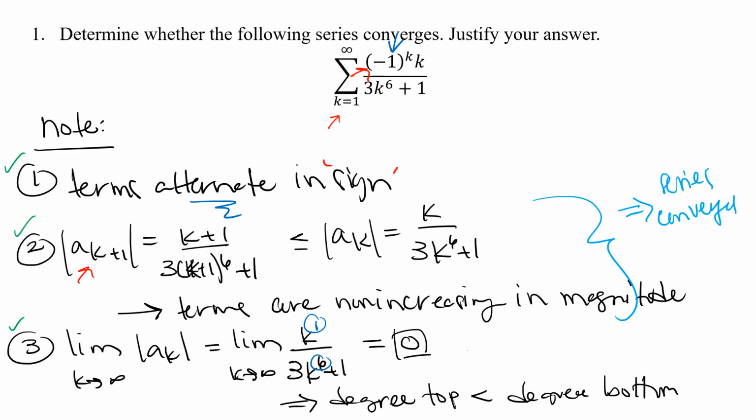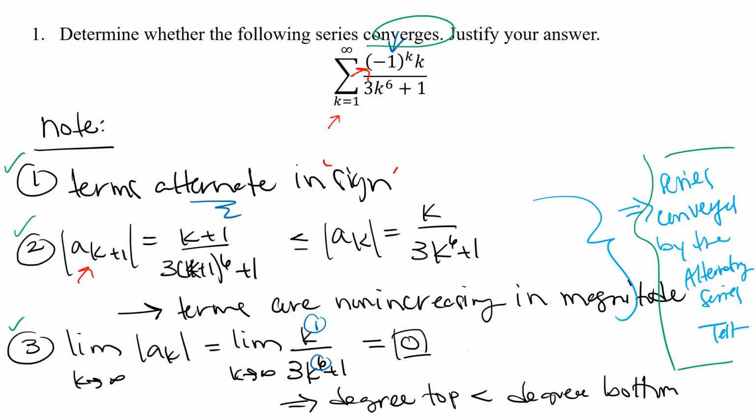And how do we justify our answer? We say it converges by the alternating series test. And so there we go. That's how we were able to decide which convergence test we should apply to decide that it does indeed converge.